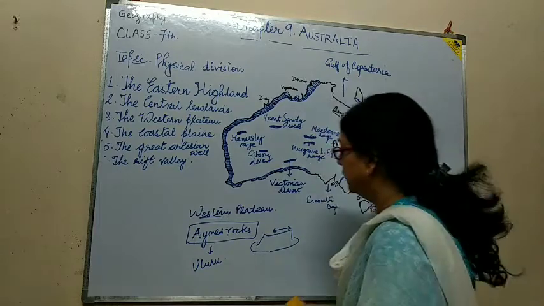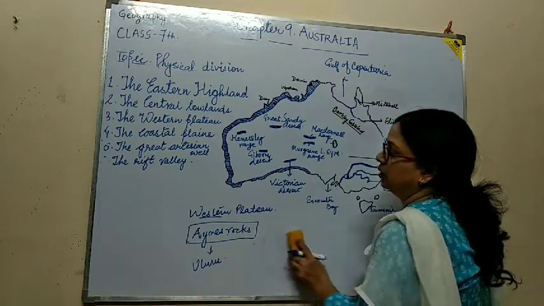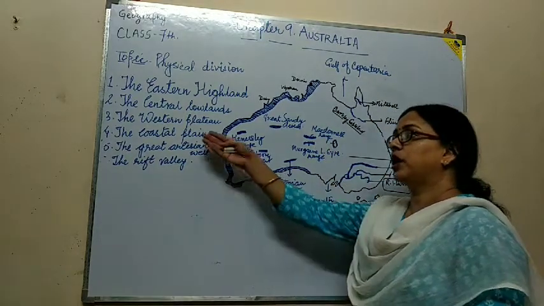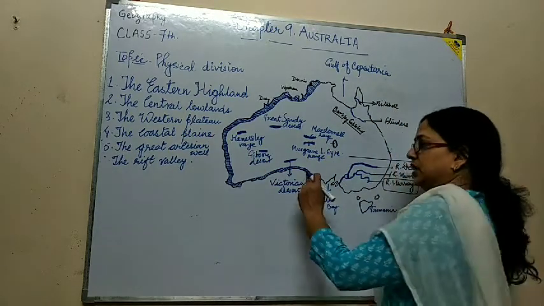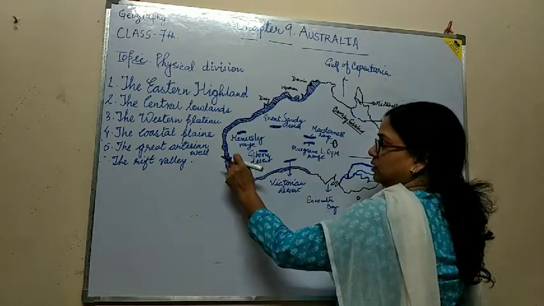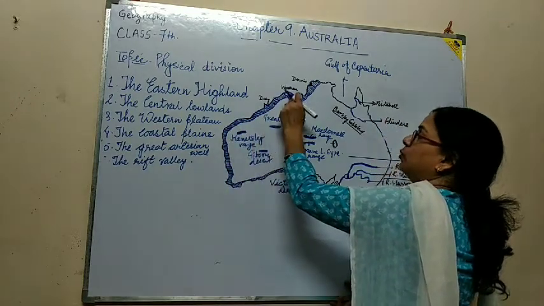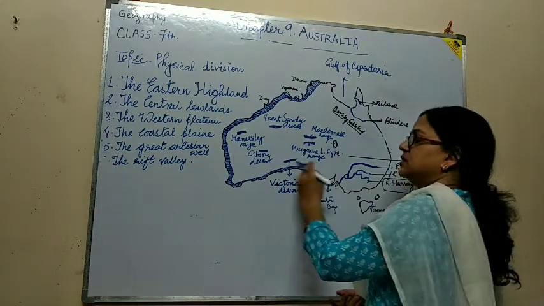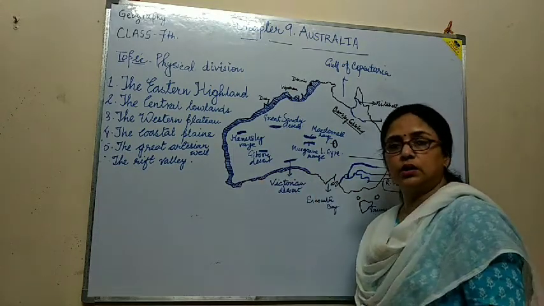Next is the coastal plains. When we talk about the coastal plains, this shaded area is occupied by the coastal region, as it lies near the coast, the sea or the ocean.